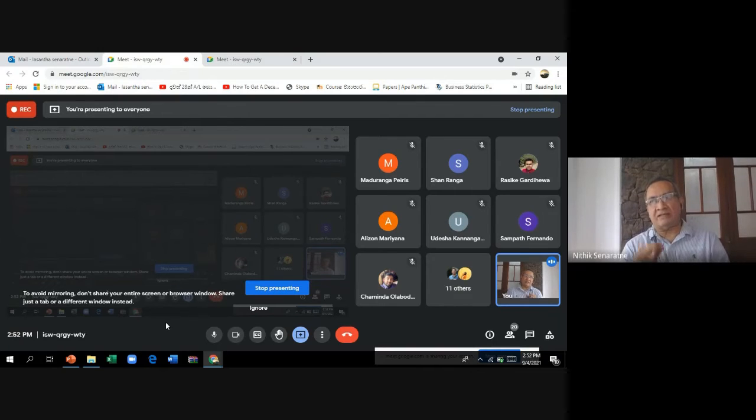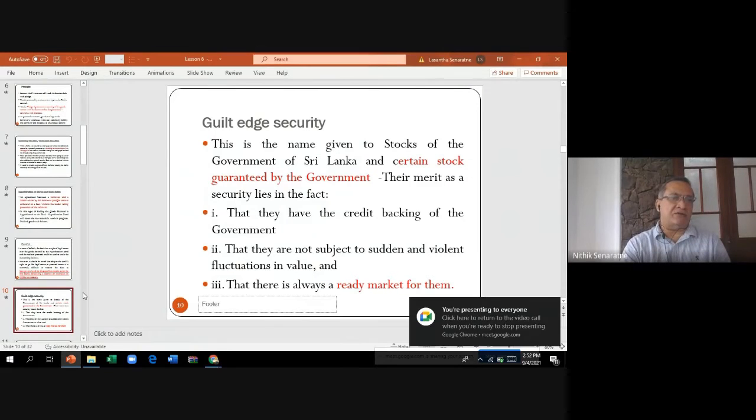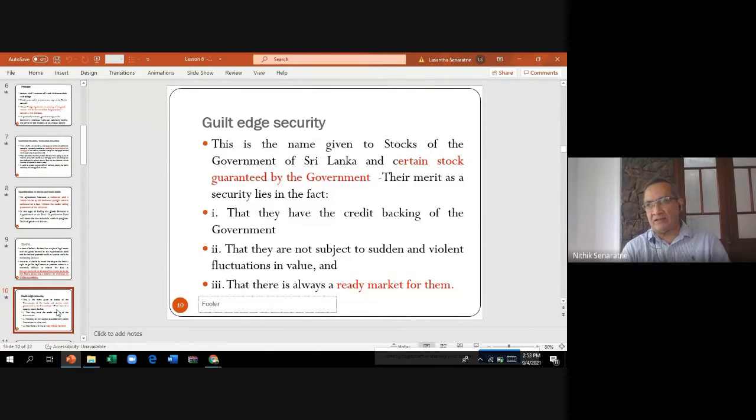So those are gilt-edged, meaning number one security. In the current condition, I don't know whether we can still consider that as a gilt-edged security, considering the current economic condition. Whether the government is in a position to continue payment is the question, right?